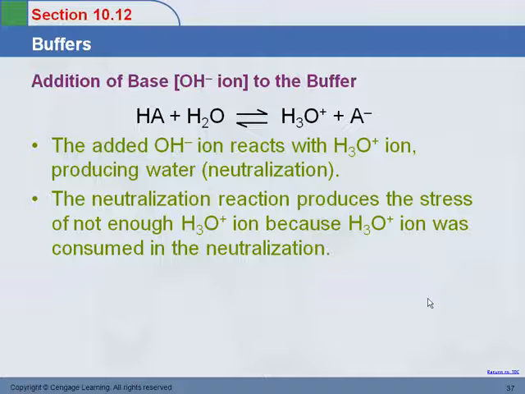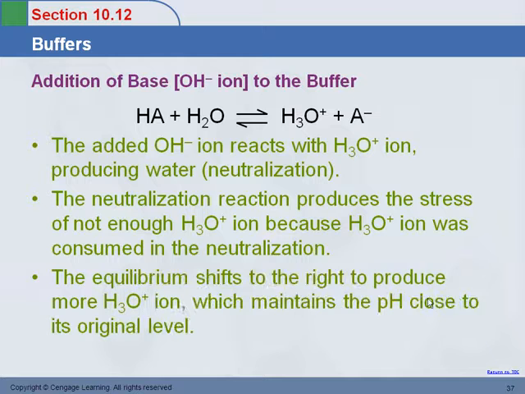That causes some stress on the system because my H3O plus is being consumed in the neutralization. And if you'll recall from our conversation of equilibrium and Le Chatelier's principle, when I'm removing my products, my equilibrium will shift around to readjust.